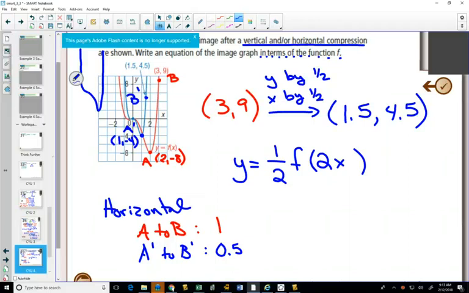It's only 0.5. What would you have to do to change a 1 to a 0.5? You would have to multiply, because it's horizontal, your x values by a half.